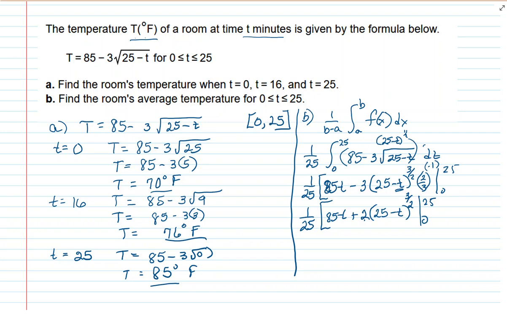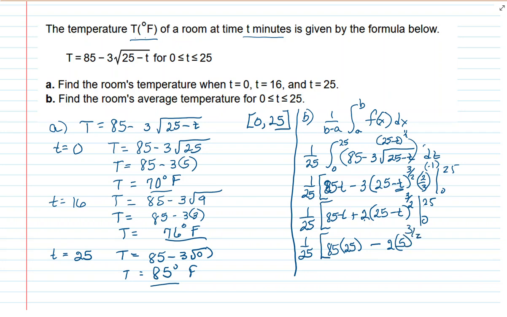Okay. So if I put 25 in, because I'm going to now do this part, I'm going to have 0 here. And I'm going to subtract the 0. If I put 0 in there, I'm going to have 2 times 5 raised to the 3/2.